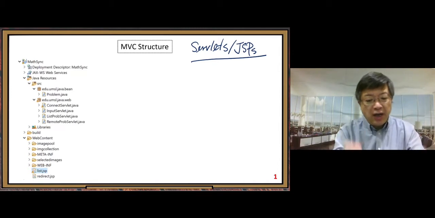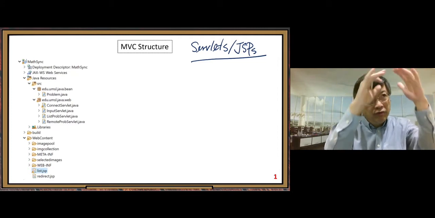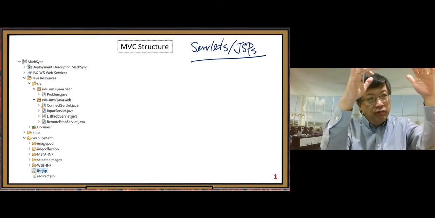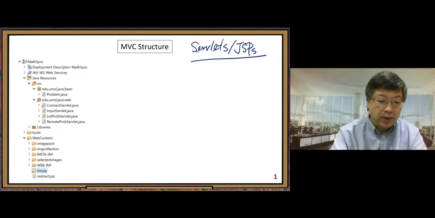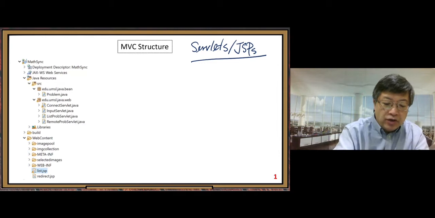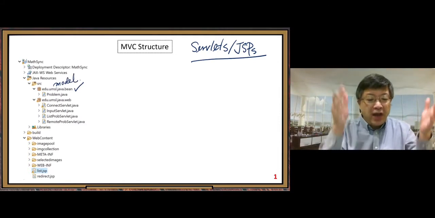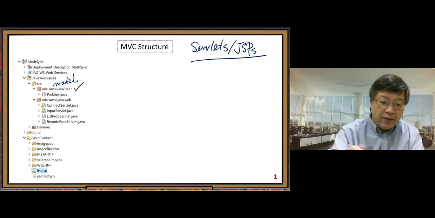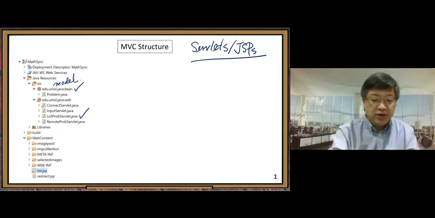So look at the structure here. I use our Eclipse project folder structure tree here. First, we have a Java bean, and this is our model object, a standard Java bean. Then we use this list servlet, so this is our controller.